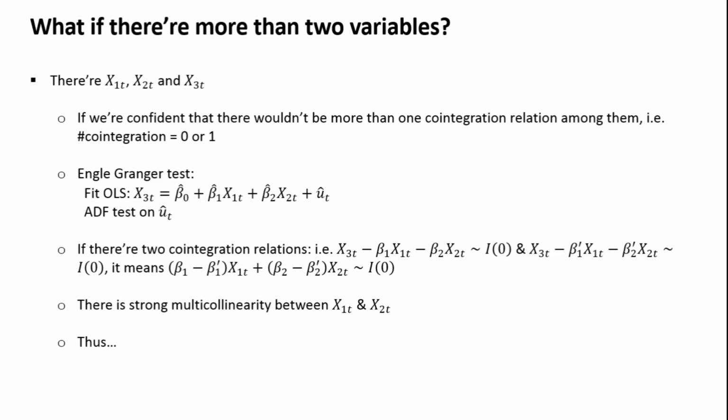If we're confident that there wouldn't be more than one cointegration relation among them, which means that the number of cointegration relations is equal to 0 or 1, then the Engle and Granger test is fitted.